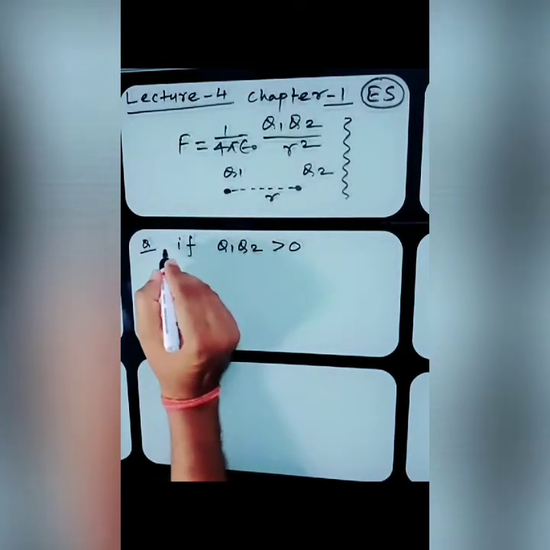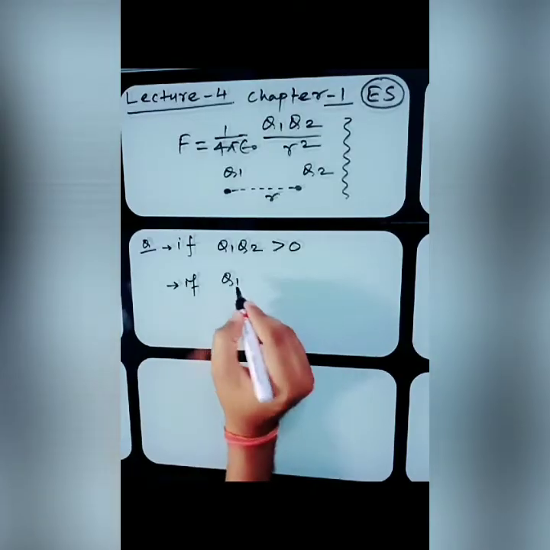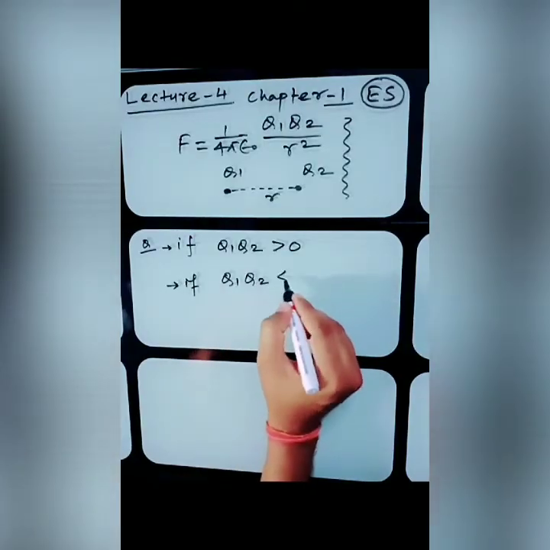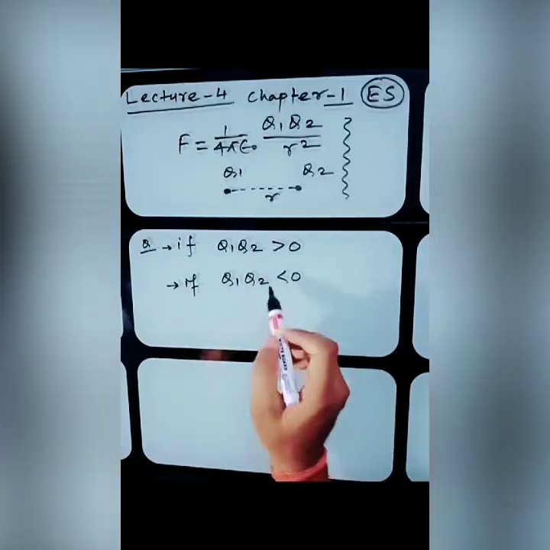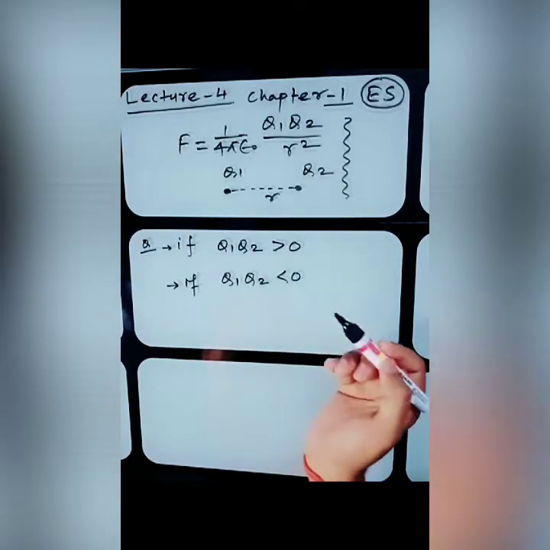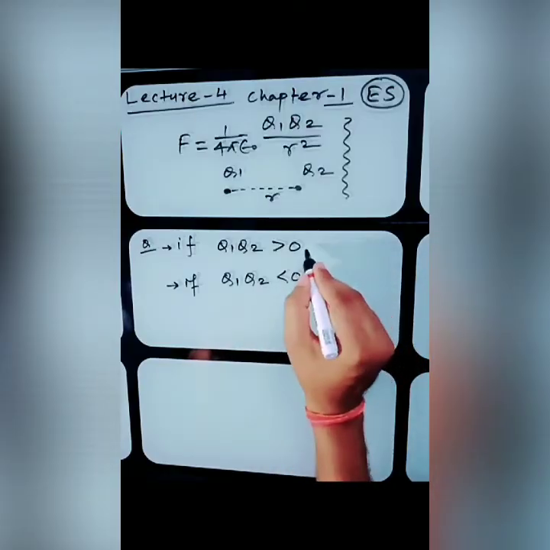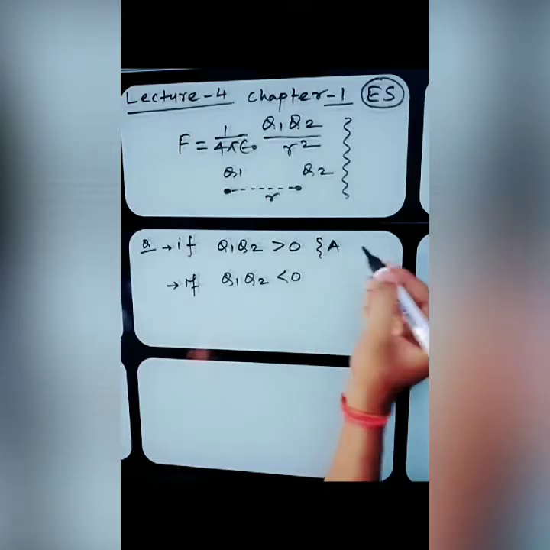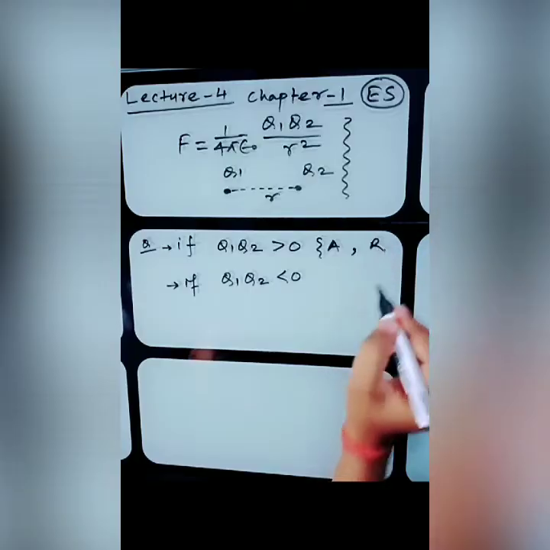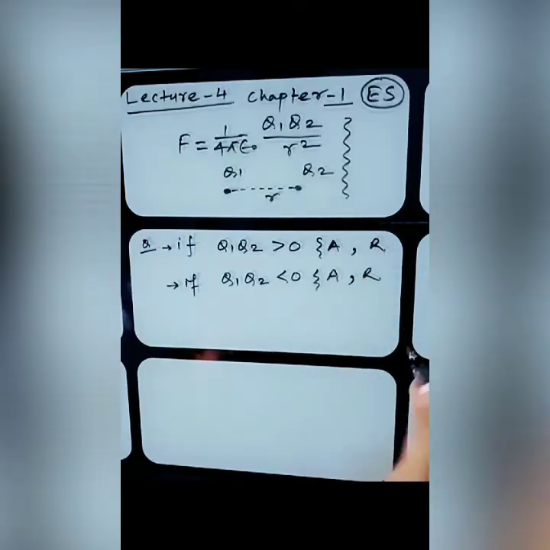And if the product Q1 Q2 is negative, that is less than 0, what will be the nature of force, attractive or repulsive? You can pause the video and find the answer.